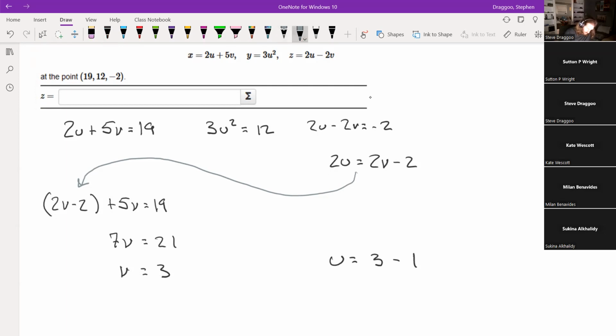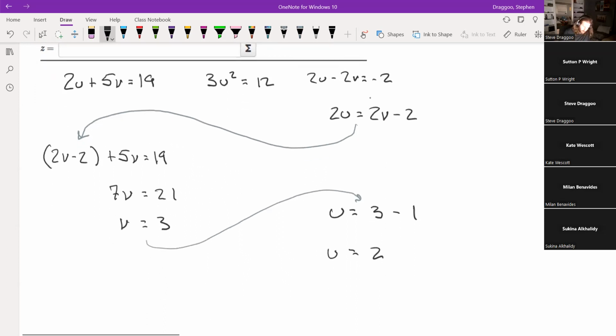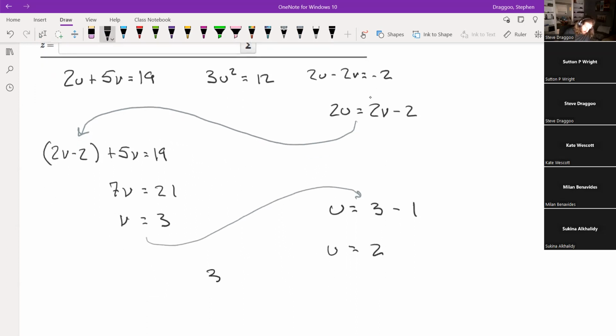Knew something didn't look right. Plug that guy in over here. And that makes u equal to 2. And then lastly, I could verify that 3 times 2 squared is indeed equal to 12. So it works in all 3.